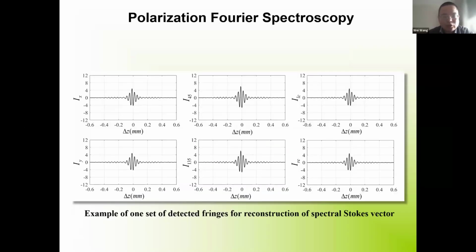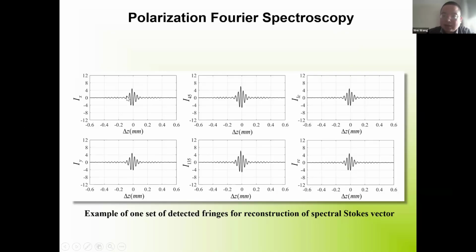This shows the example of one set of detected fringes for the reconstructed spectral Stokes vectors. Here we have I_X, I_Y, I_45, I_135, and also the left circular and right circular polarization. These are the other fringe patterns.